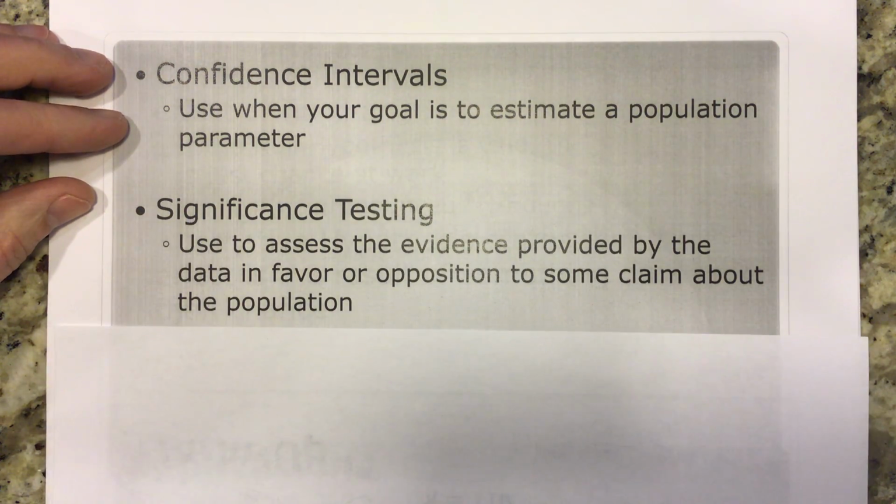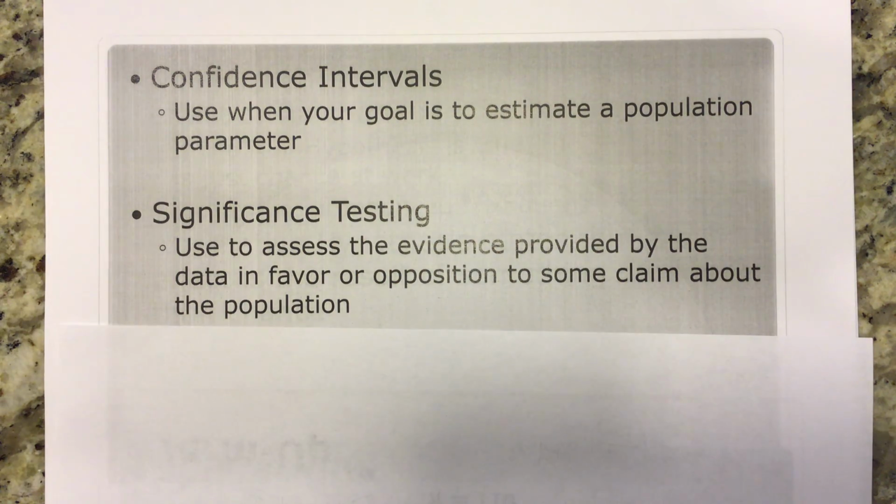The significance test is trying to show, illustrate, or refute a claim. So someone might be making a claim that, doesn't really matter, let's say the average high schooler spends 4 hours a night playing video games or something like that.